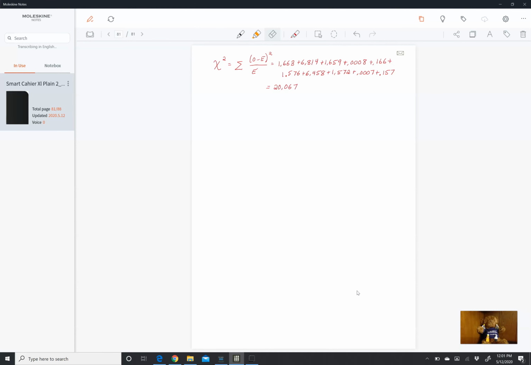Okay, so then we have our last step, which is to make our conclusion. So 20.067 is in the rejection region. It is greater than 13.277. That was what we found as our critical value. So it is in the rejection region. So when it's in the rejection region, we reject the null hypothesis.